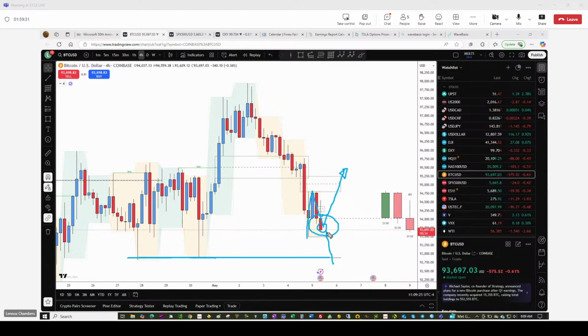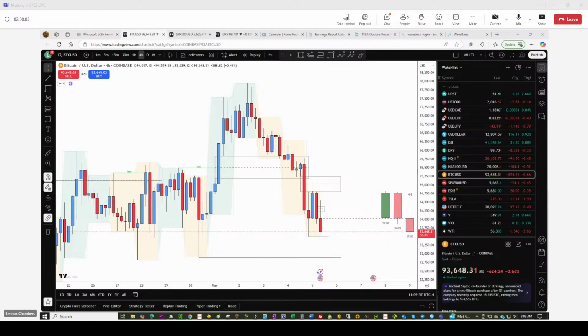You have to be careful, because if they take this low, then we're coming down more than likely to take the equal lows. This is where lots of liquidity is sitting. Looking at the structure, I've got 1, 2, so it looks likely that we're going to take that low. I can see that from the structure. So I wouldn't be looking to buy here on Bitcoin at this point.